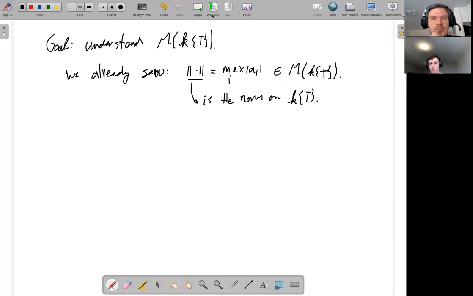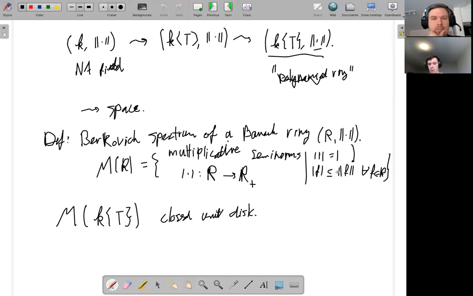Right. So if we go back, can you see my mouse pointer, by the way? Yes, we do. Okay. So of course, these two conditions are both satisfied for the norm on R. But there's an extra condition here, that we only work with multiplicative seminorms, while in the definition of this Banach algebra, it was not required that the norm on R is multiplicative.